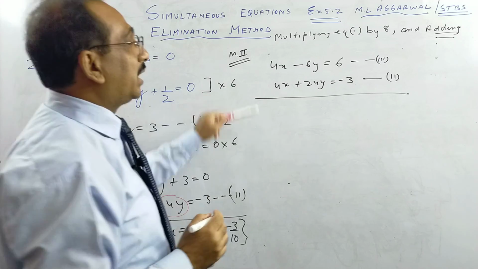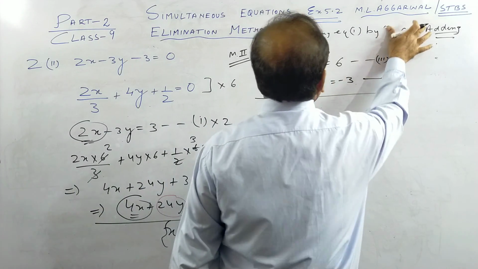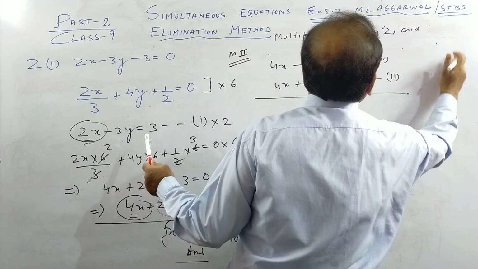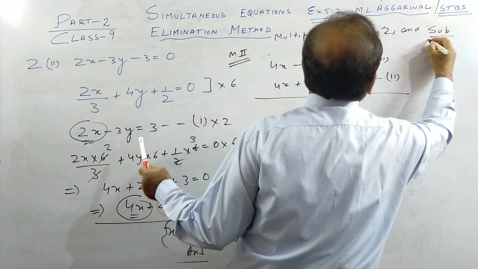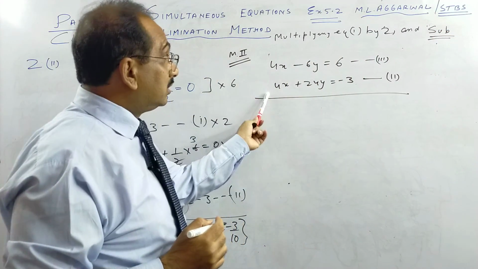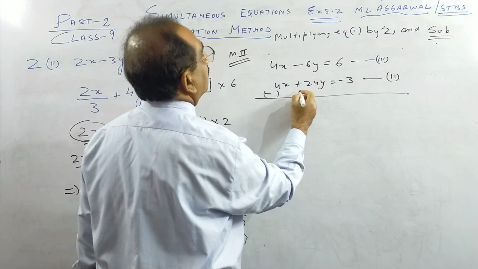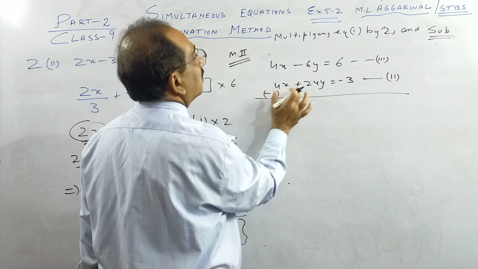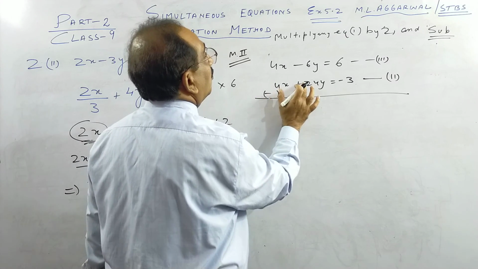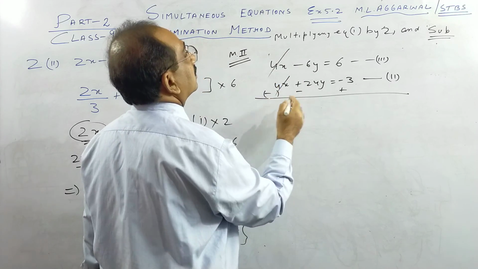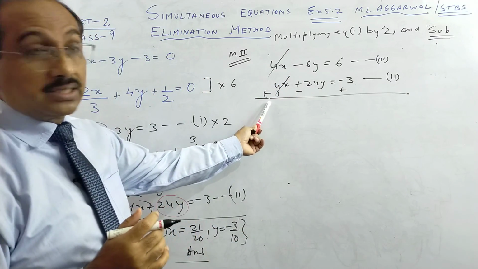Why do I subtract here? Multiplying equation 1 by 2 and subtracting, children. Why? Because they have the same sign. So let us subtract. All the signs change. Plus becomes minus, and minus becomes plus. So this will cancel. So I have eliminated x.